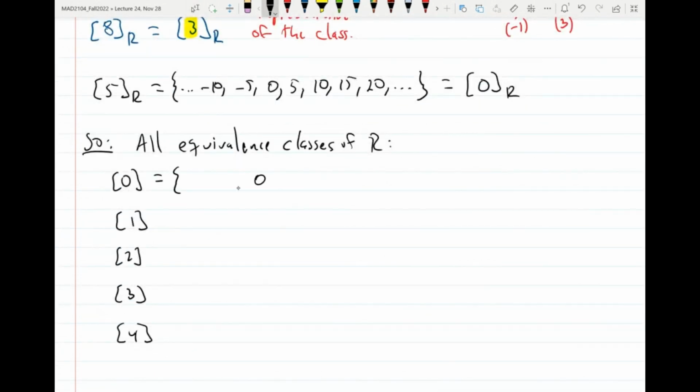So let's list them. This is everybody that's a multiple of 5, right? -5, -10, and so on. This one right here is everybody that has what? Remainder 1. So what are they? 1, and then 6, then 11, 16, and so on.